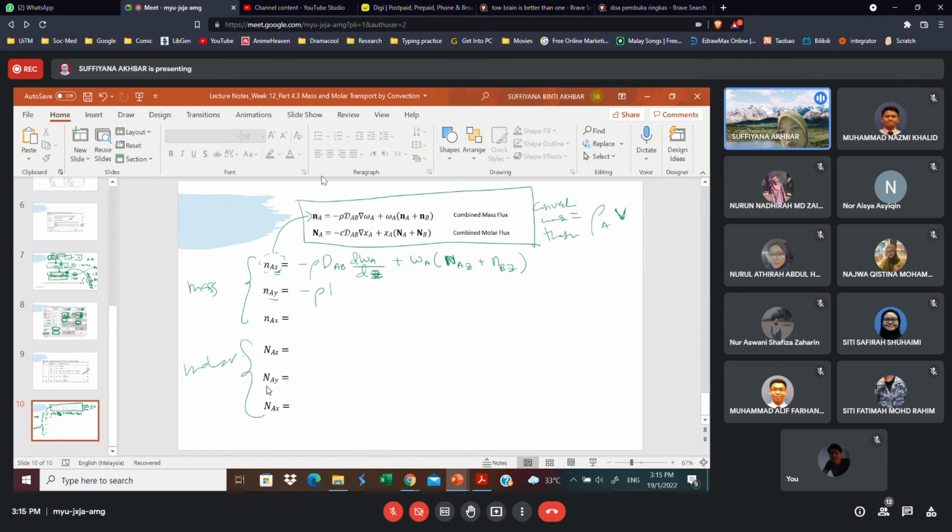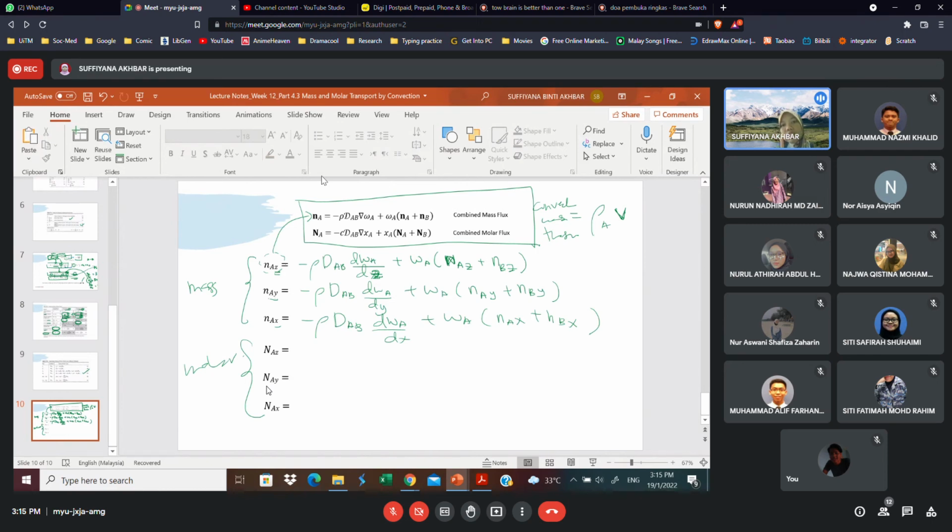So negative rho DAB d omega A over dY plus omega A, NAY plus NBY. Okay, NAX, component A diffuse in the positive X direction. So negative rho DAB d omega A per dX plus omega A, NAX plus NBX.